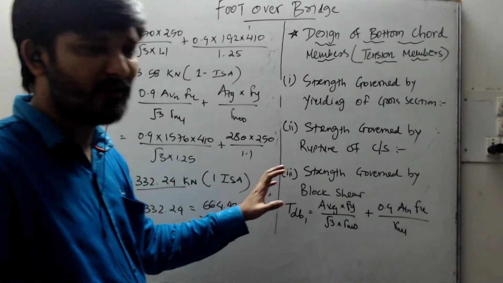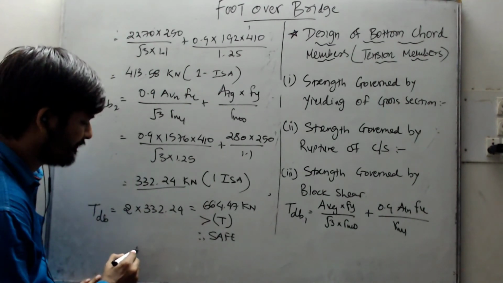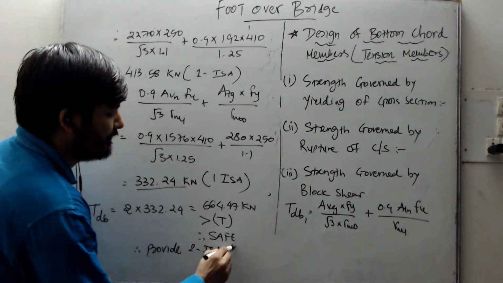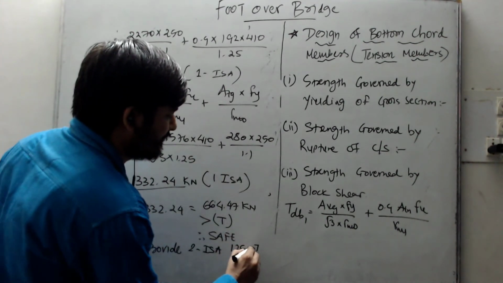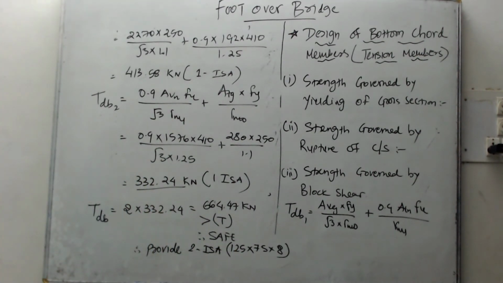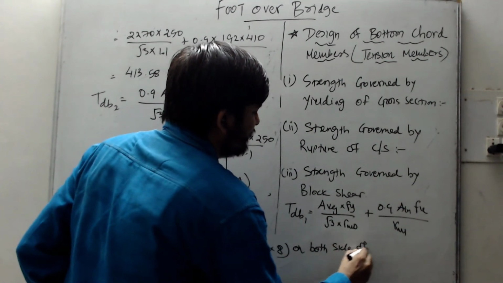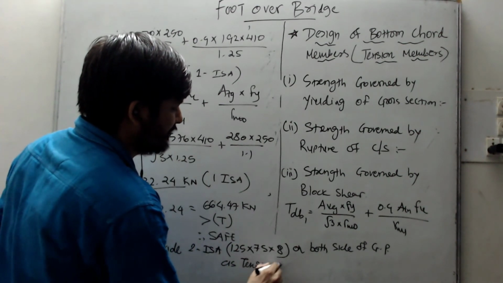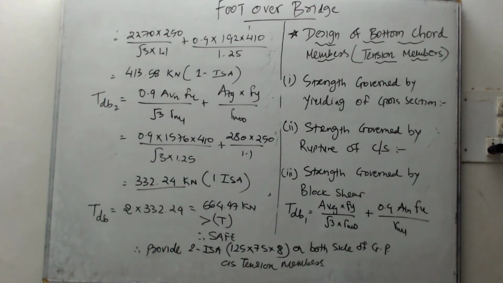So if it is safe in all the three aspects, therefore you can write: provide two number of ISA 125 by 75 by 8 on both sides of gusset plate as tension members. Right, so this completes our design of bottom chord members.